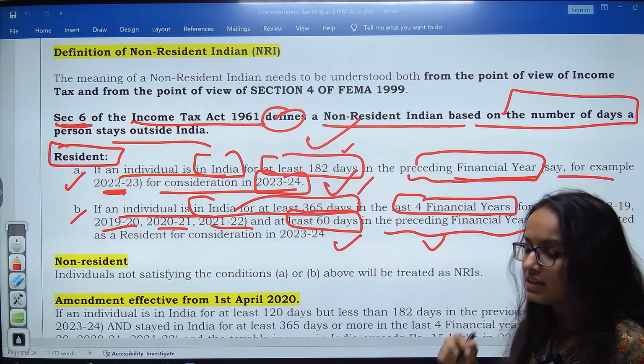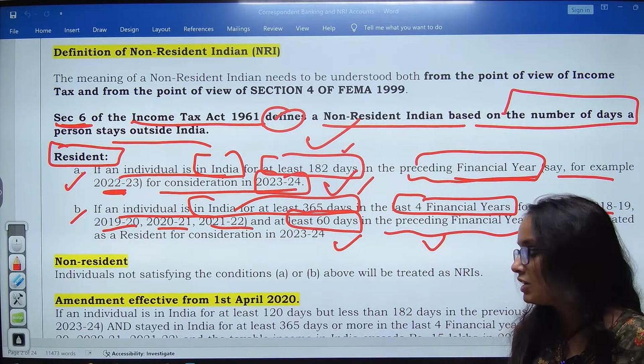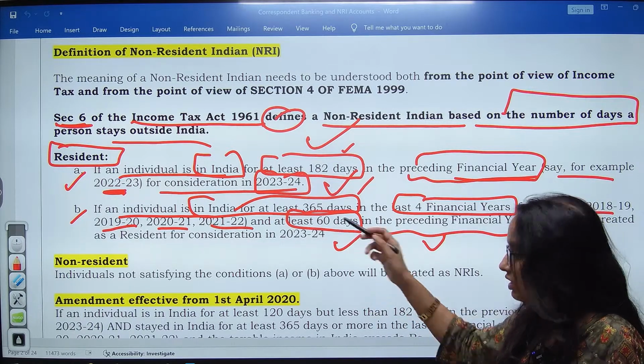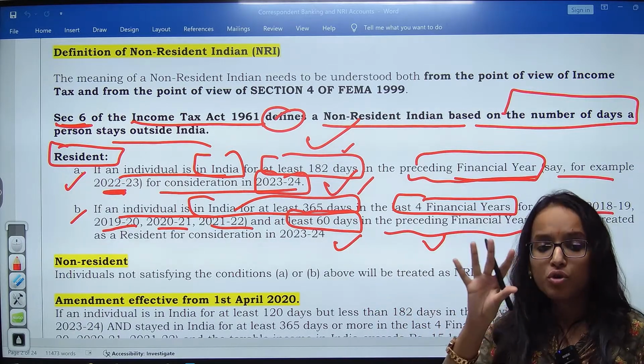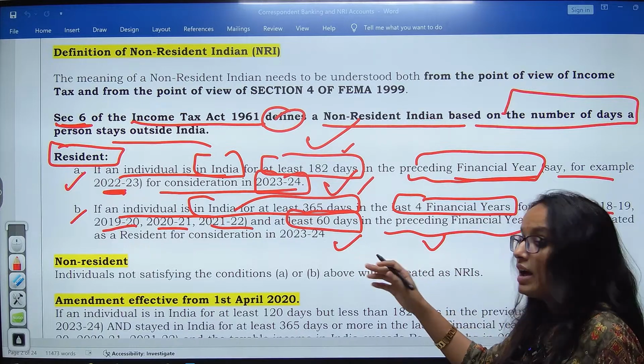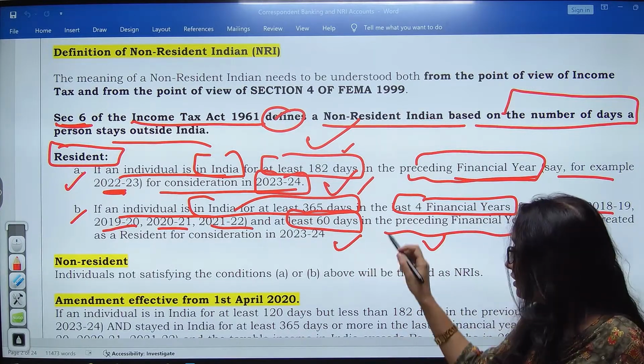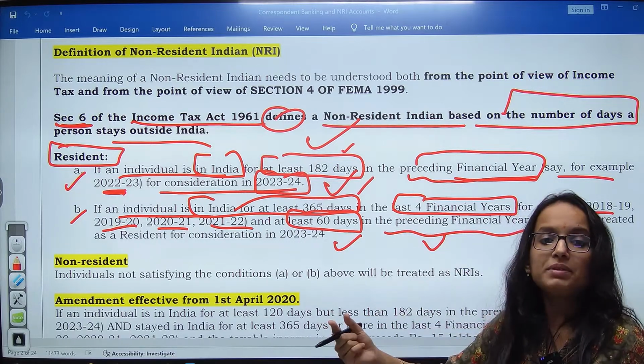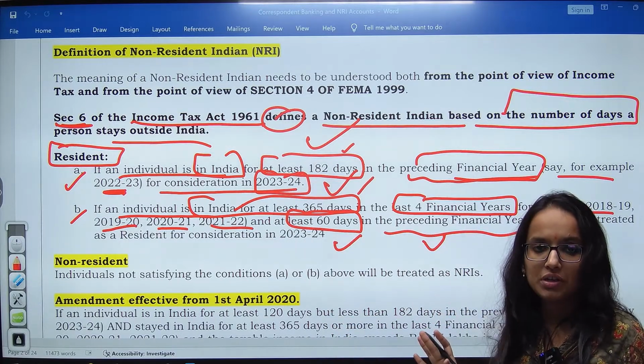First is at least 182 days in the preceding financial year. B, the second one, is at least 365 days for the past 4 financial years and at least 60 days in the immediately preceding financial year.